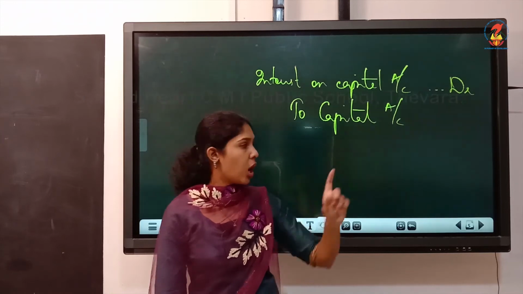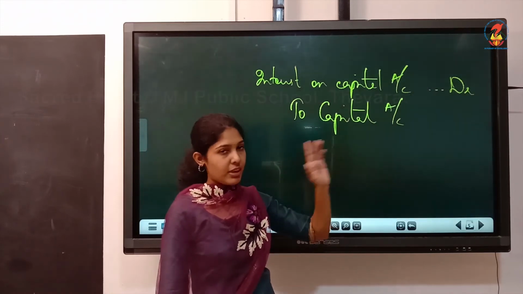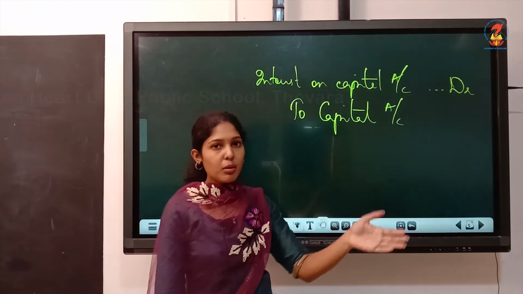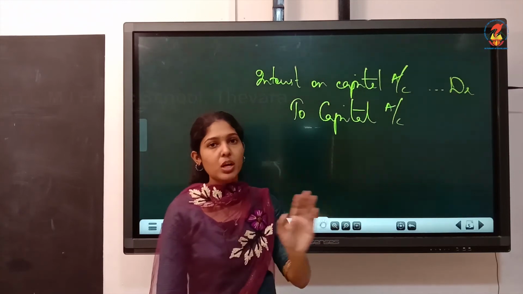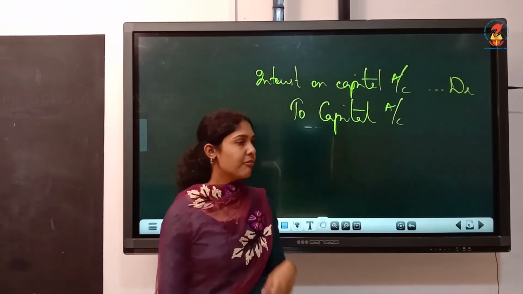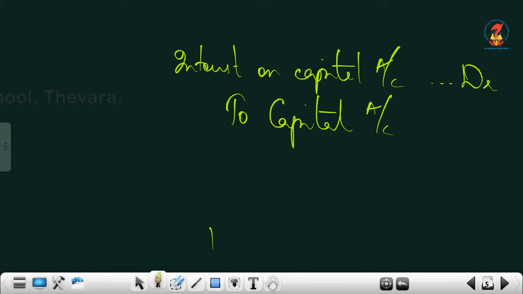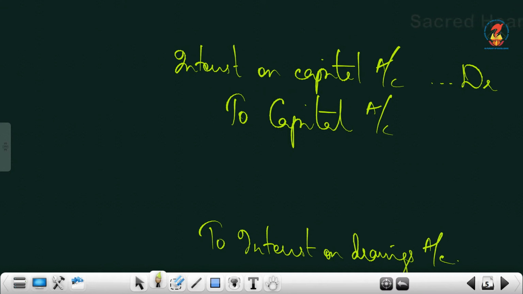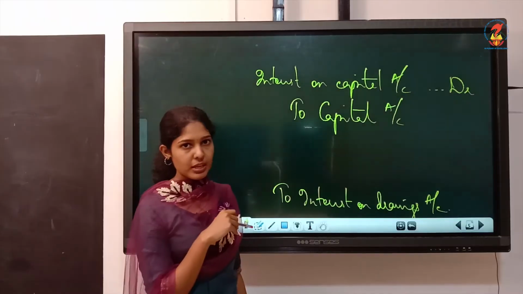It is just for recording interest on drawings. We haven't received any amount right now, but we'll receive it later because it's an income for the firm. So interest on drawings, it's an income for the firm. So incomes must always be credited. So to interest on drawings we have to write, being an income. Incomes must be credited.